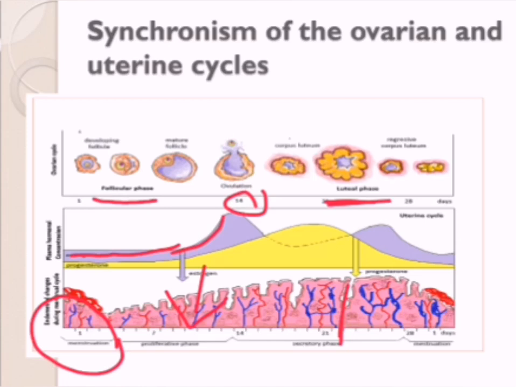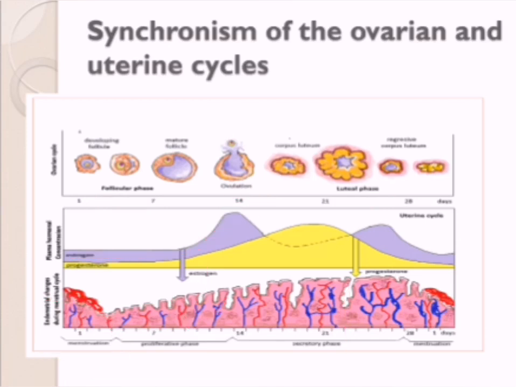Now, if there is no fertilization, the corpus luteum will gradually disappear. It will become a white body that's called corpus albicans. Because of that, the secretion of these hormones will decrease. So when the corpus luteum degenerates, the secretion of ovarian hormones is reduced. The fall in the level of hormones provokes the destruction of the mucosa, and this will lead to menstruation, or bleeding.